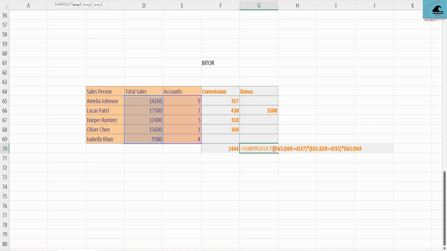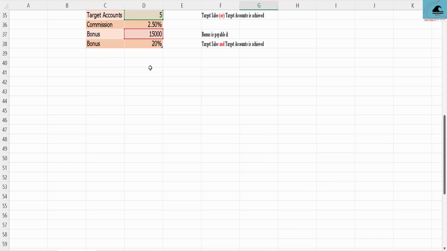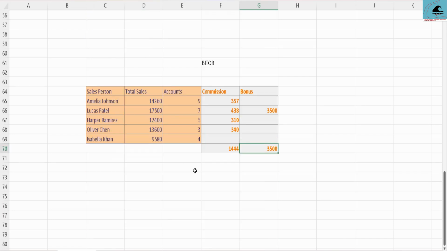We need to convert it into numbers. In order to convert it into numbers, we need to add a double minus in front. Then if you multiply it with sales, only where the bonus is applicable will it sum up, and then we can multiply it with this 20%. You will get the exact total of 3,500 here.